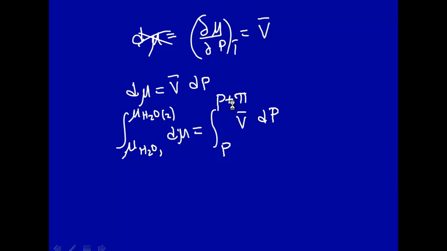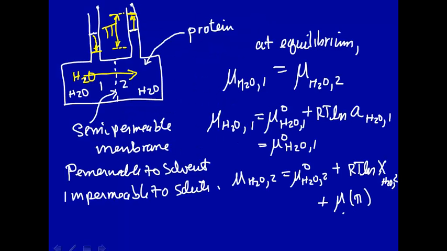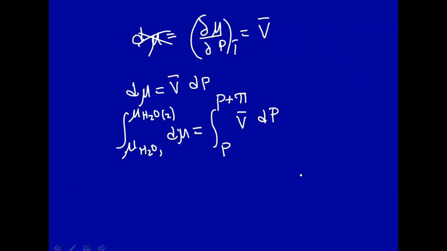So what we have here is just regular old water at 1 pressure on the left-hand side. And now here, water has a lower chemical potential because of the dilution by the protein, but a higher chemical potential because of the hydrostatic pressure. We're calculating that extra term for the hydrostatic pressure.